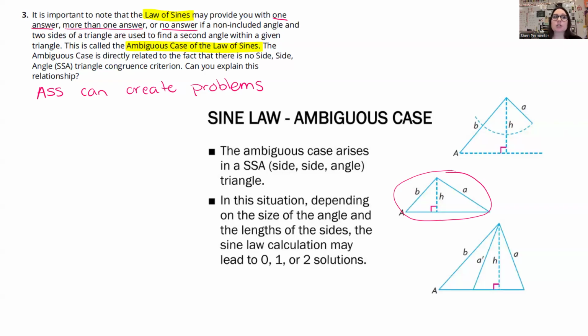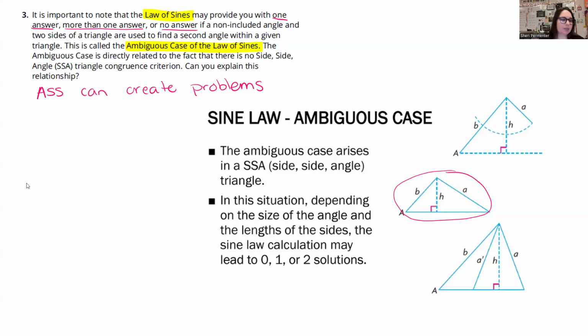Sometimes, though, it could create 2 triangles, where this side length can be put together in such a way that it could also swivel out and create another triangle. So there are 3 different cases that could potentially happen when you have only an ASS triangle.